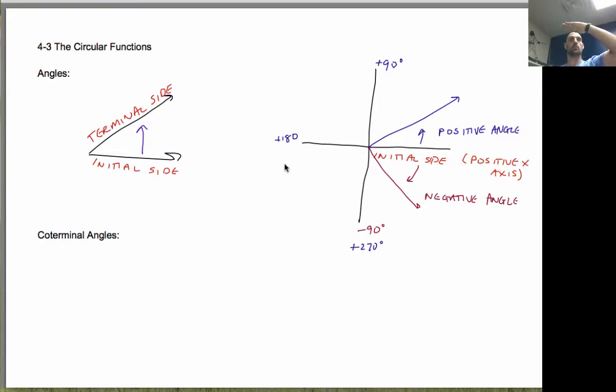But if it had opened up clockwise, that would be a negative 90. And so as we go around, this would be negative 90 or 270. This would be negative 180 or positive 180, depending on which way I open. This would be positive 90 or negative 270. And there's everything in between here, okay?